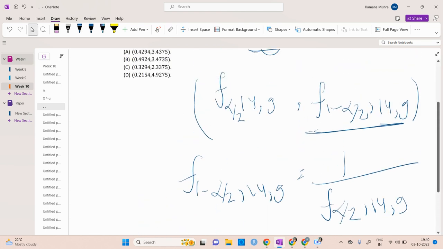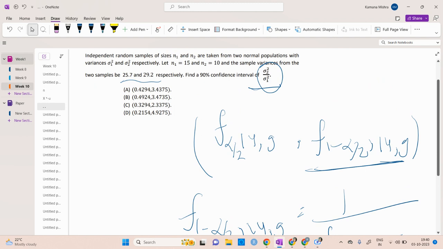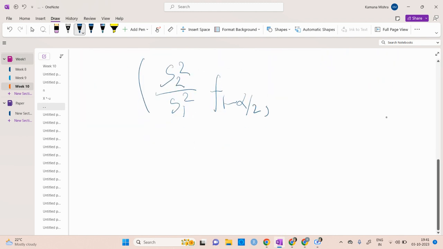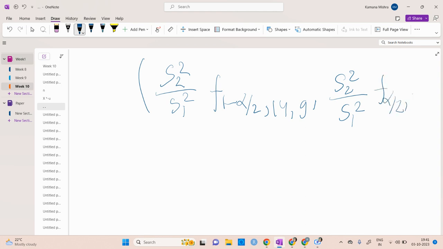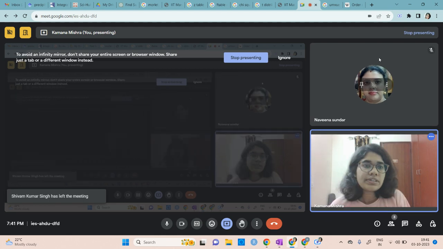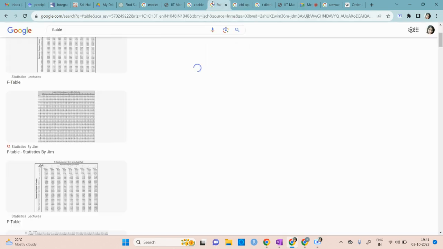So this 14 and 9 is coming from n1 minus 1, n2 minus 1. Okay, so 14, 9, s2 square divided by s1 square, F at alpha by 2, 14, 9, right? Now s2 square, s1 square we know, and then all we need is the F table. So then we can go through the F table.